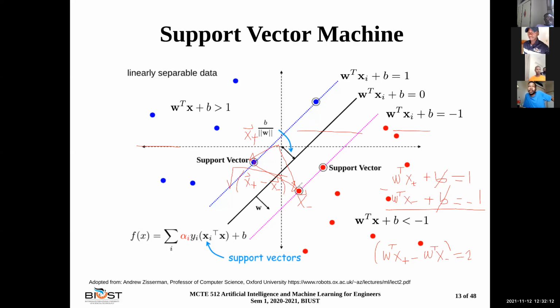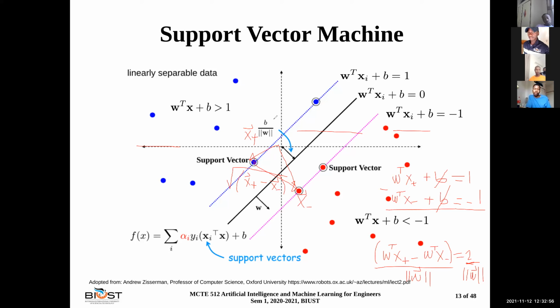Because this results in 2, we normalize the value of your weights so that the norm of your weight goes from 0 to 1, so we divide by the norm of the weight. So this equation here gives us the value of the margin, which is equal to 2 divided by the norm of W. No matter what your W is, that is always the margin.